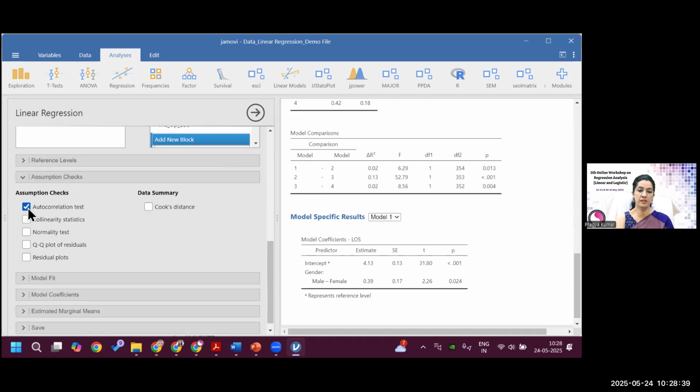So you can check this autocorrelation. What is the autocorrelation? Autocorrelation is something like when you measure something serially, and you see that the values which are closer are correlated, like I have explained with the help of that skin caliper. When you enter the data like that, initially all the residuals will be correlated.